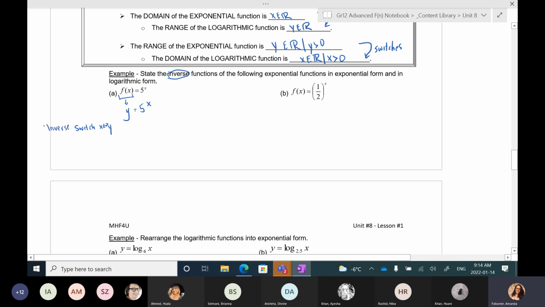So this is really f to the negative 1 of x. And so we write x equals 5 to the y. And that's in the exponential format for the inverse.